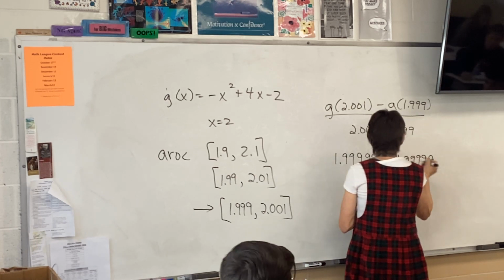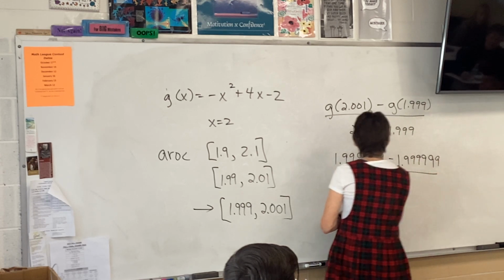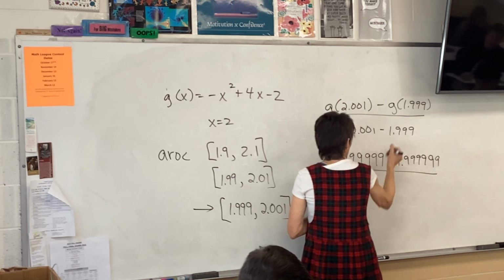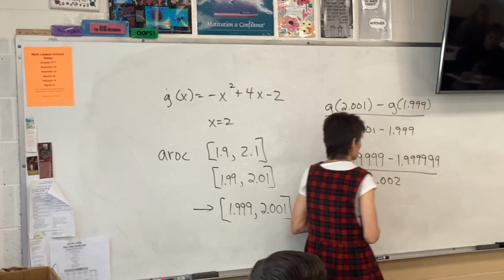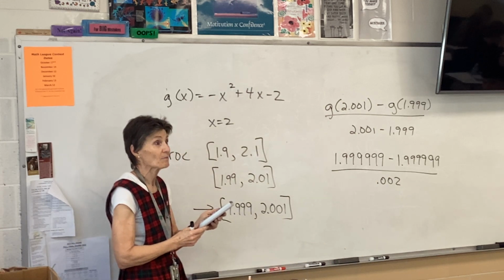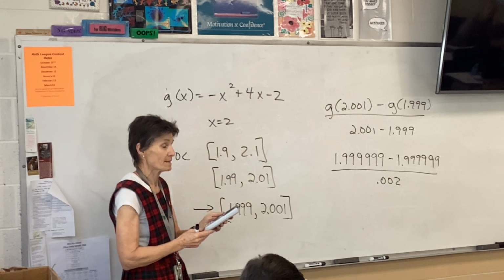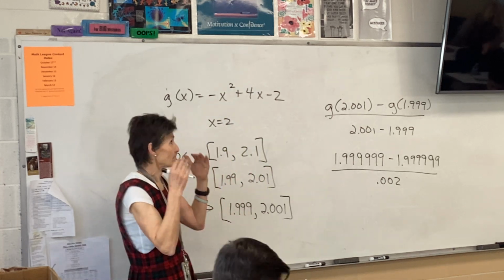Now, this problem, I just made up, but this one is going to turn out to be 0. The average rate of change at that point is 0. Now, that isn't normally gonna happen.